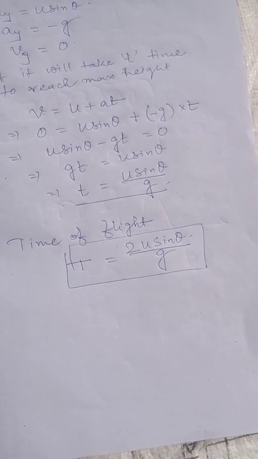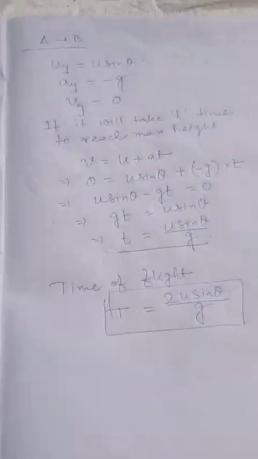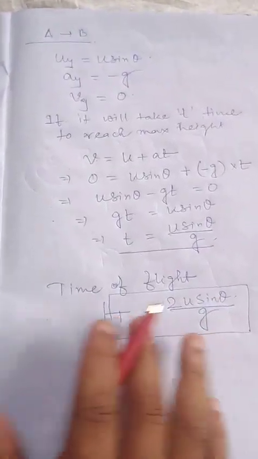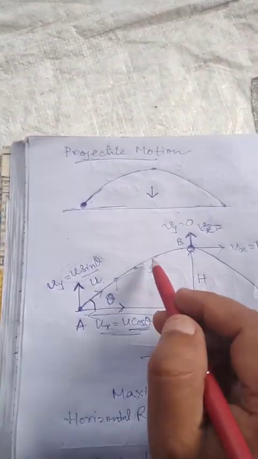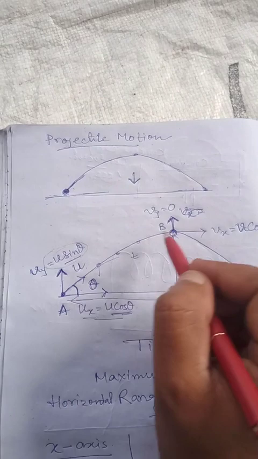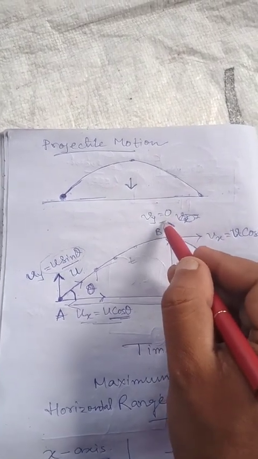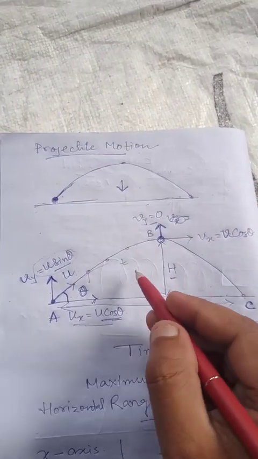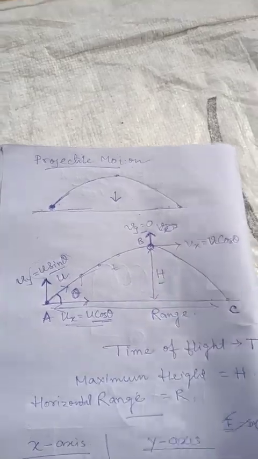We can also calculate the maximum height using this formula. If the maximum height is h, then for the y-axis motion the initial velocity is u sin theta, the final velocity is 0, and the acceleration is minus g.